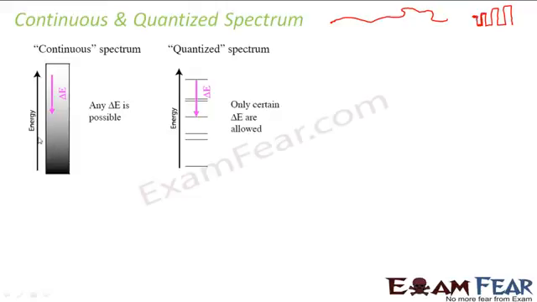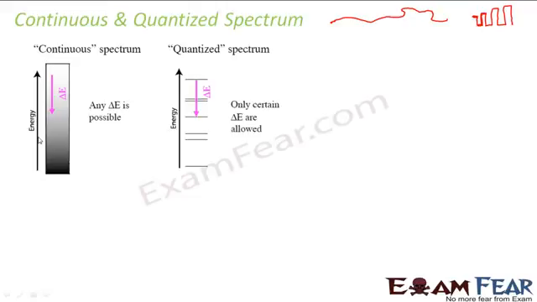Energy can be 1, energy can be 1.2, energy can be 5, energy can be 10, energy can be any value. But when I say quantized spectrum, that means there are certain values of energy which are allowed. Let us suppose the allowed energy values are 1, 2 and 3, it cannot have any other value except those 3 values, right?